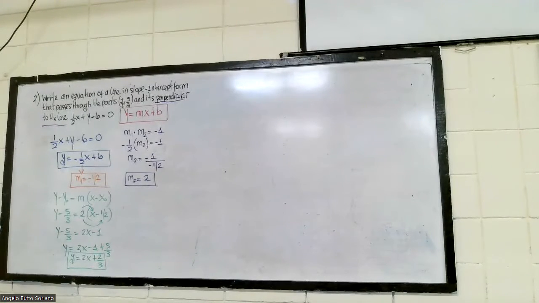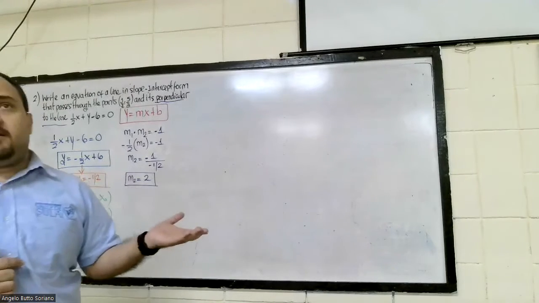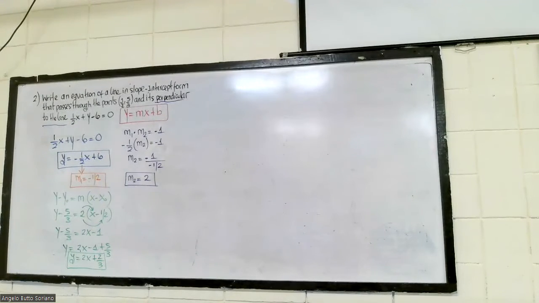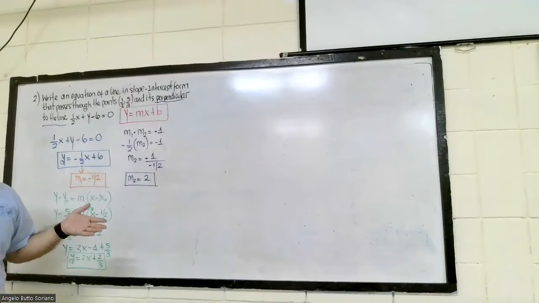We can use two techniques. One of them, we can use the table of values, okay? Remember the input values belong to the X-axis, the output values belong to the Y-axis, called domain in X and range in Y. Or if you really want to create a quick graph, we can use the X and Y intercepts.